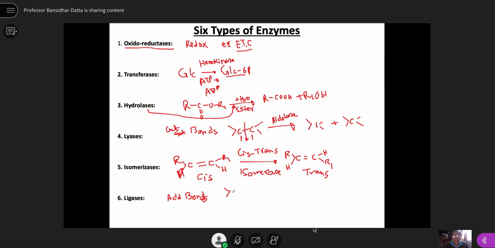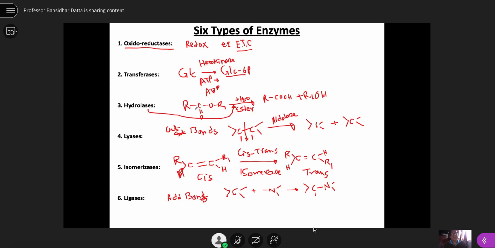For example, if you have a carbon compound plus, let's say we have a nitrogen, I'm giving a general example, right? With this kind of ligase, they can add the molecule like this, N. It can have anything, I just put N. So a carbon-nitrogen bond is ligated by the ligase. Lyases cut bonds, ligases add bonds. They're basically the reverse of each other.